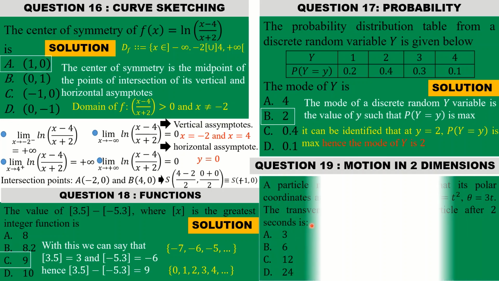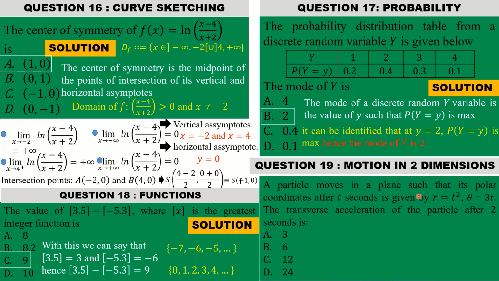Now question 19 was in motion in 2 dimensions, and the question reads: a particle moves in a plane such that its polar coordinate after t seconds is given by r is equal to t squared, theta is equal to 3t. The transverse acceleration of the particle after 2 seconds is, we have been given the options A, B, C, and D. So first we define how to find the transverse component of the acceleration, and then we look for the various components and we substitute.